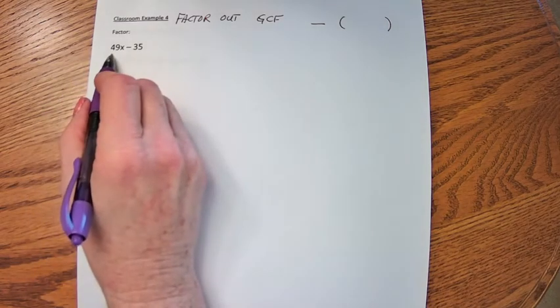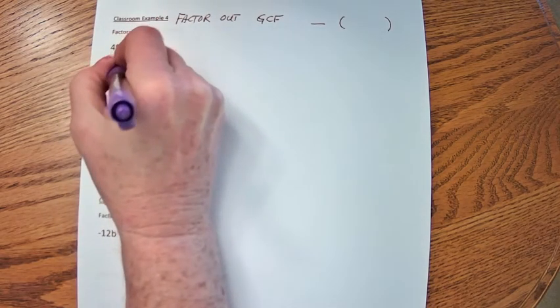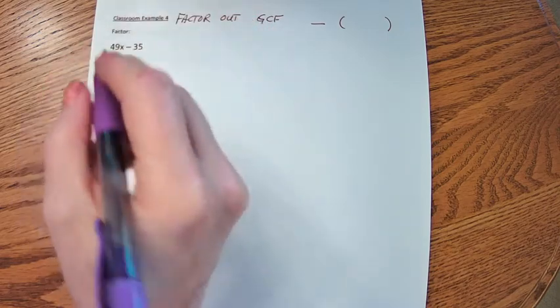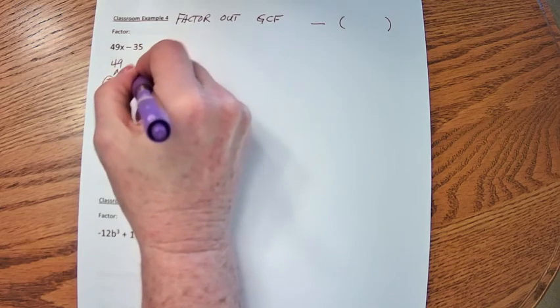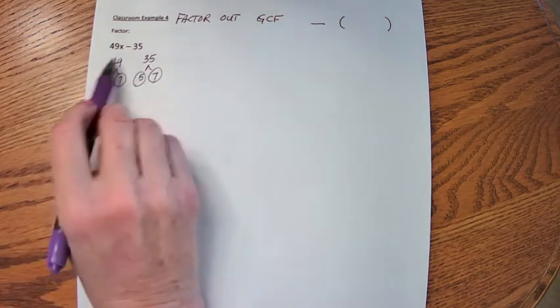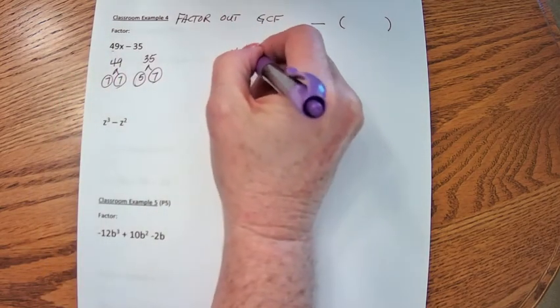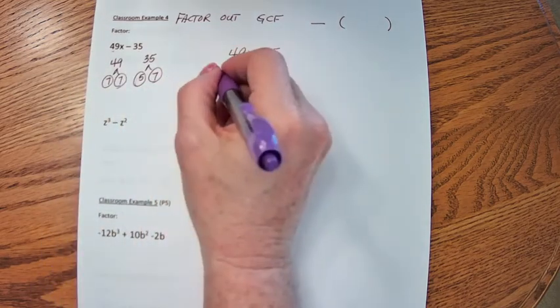So what's the GCF of 49x and 35? Well, 49 is 7 times 7, and 35 is 5 times 7. So the GCF of the numbers, the coefficients, is going to be 7.